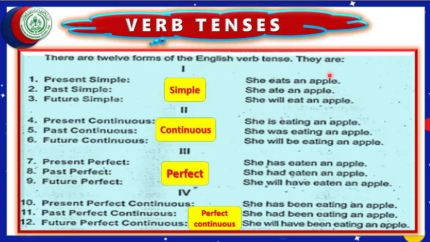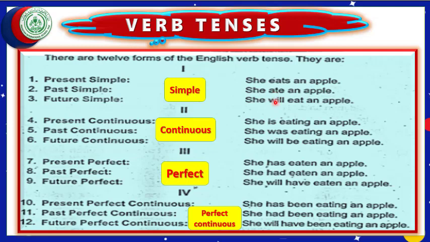Look at these three sentences once again. All these three are showing simple aspect but different times. The first one is present simple, in which the verb used is eats. The second one is past simple, in which the verb used is ate.